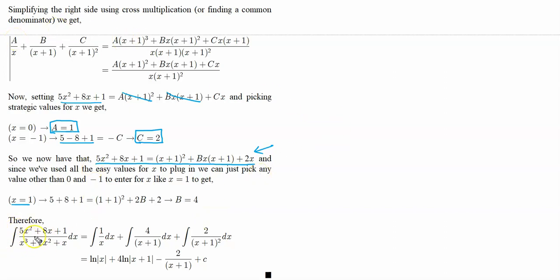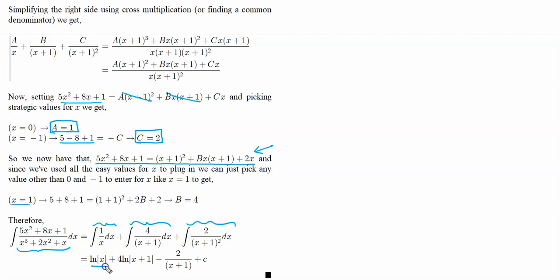So our integral of what we wanted here is equal to, remember what you have in here is going to be 1 over x, that's a over x, plus b over x plus 1, plus c over x plus 1 squared, and you can simply break the integral up like these with these three different integrals here now.